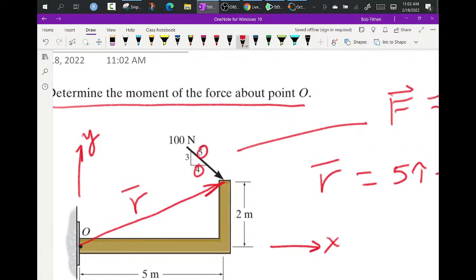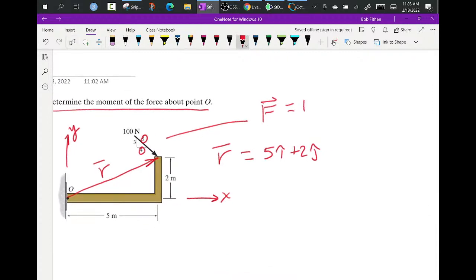4/5 of the 100 runs along the X, and then 3/5 runs in this direction. Now you have to remember, you have a vector that's running this direction and it's running that direction, positive, negative. 100 times 3/5 J. So now, if I want to find a moment, I would just simply line these up.